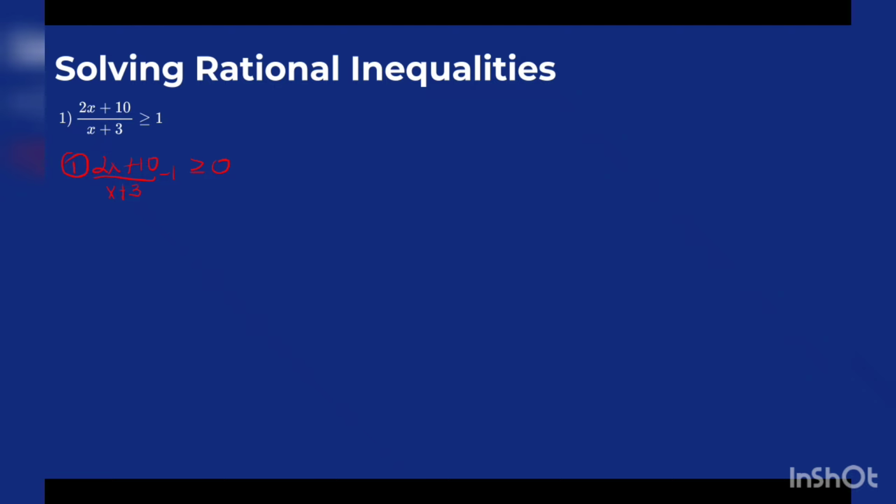So we'll have x plus 3 as our denominator. To find the numerator, just divide and multiply. So x plus 3, our LCD, divided by the original denominator, x plus 3, is 1, times 2x plus 10, you'll still have 2x plus 10.